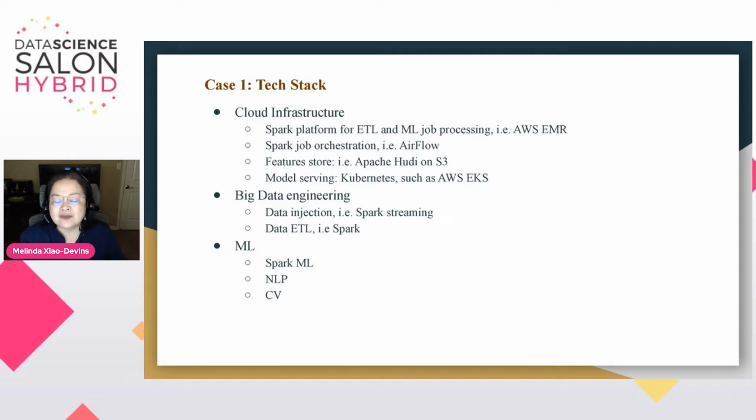And of course, you need to think about model serving, how you serve that model. If you want to build your own Kubernetes cluster in the AWS cloud, you can use EKS, or you can have a Kubernetes cluster in other clouds as well. And all that is being supported by most public cloud platforms.